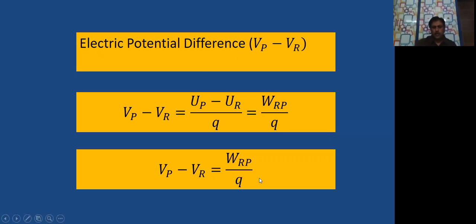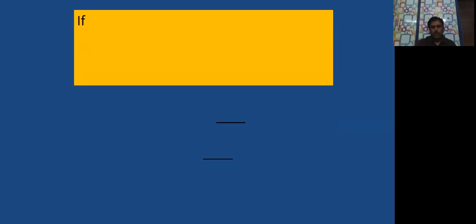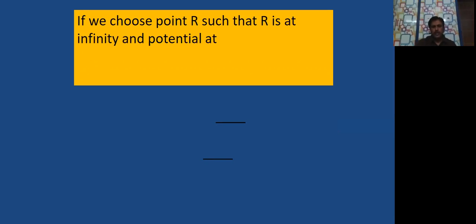Let us see what is the connection between this and the actual potential value. Okay. So if we choose a point R such that R is at infinity and potential at infinity as 0. So now what are we telling? Consider that R is at infinity.